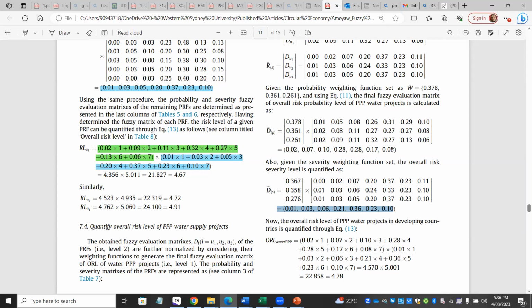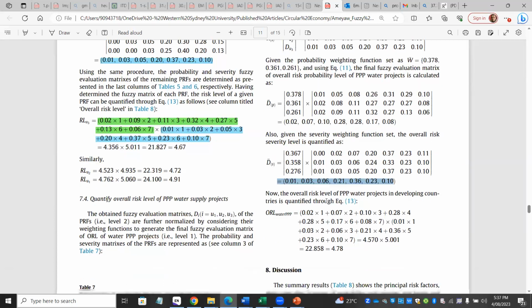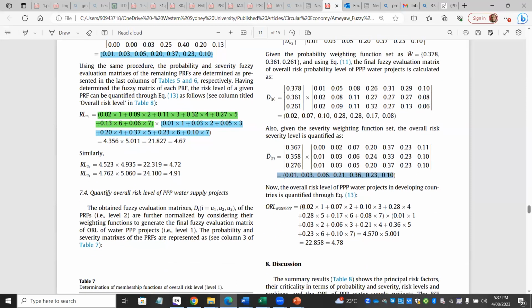Then you add. You do the same thing for this, and then you add.